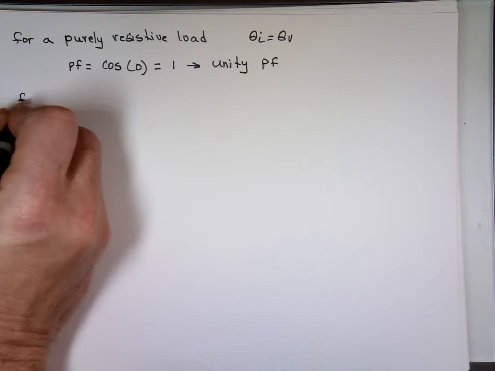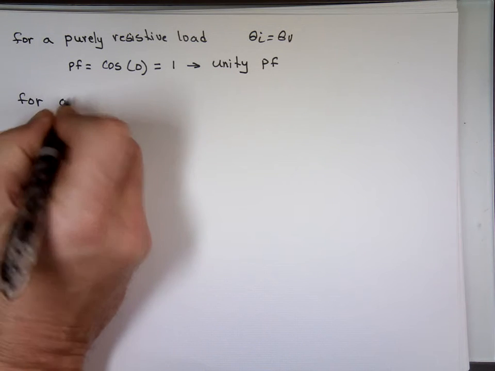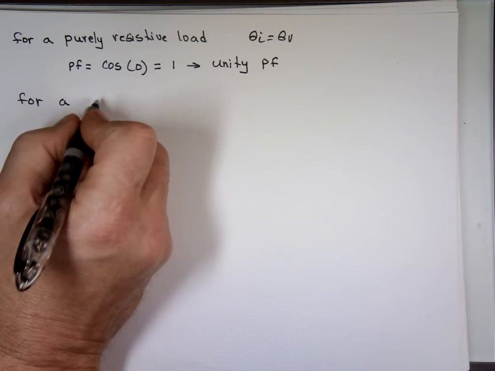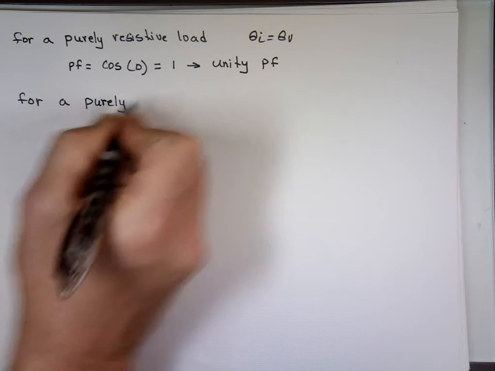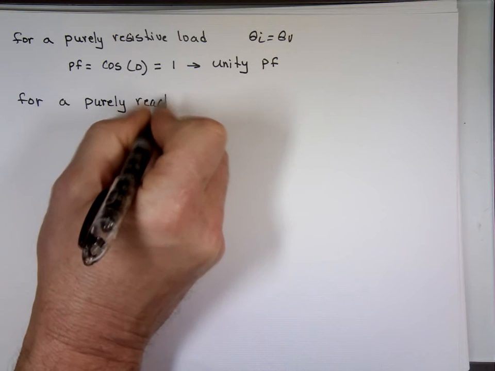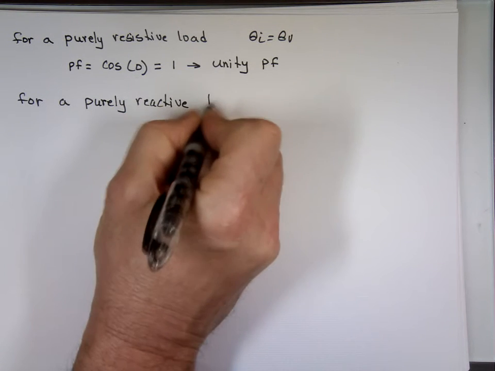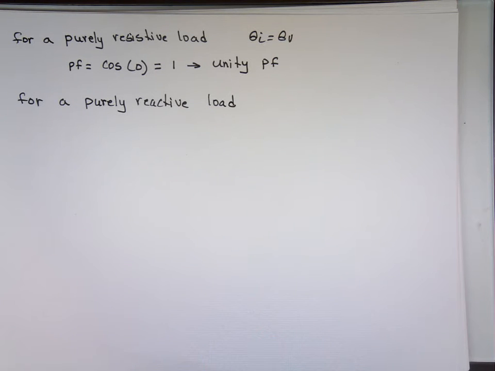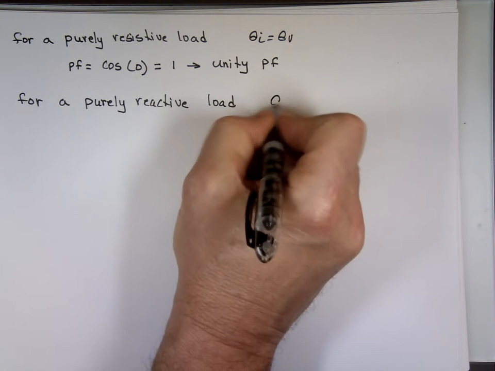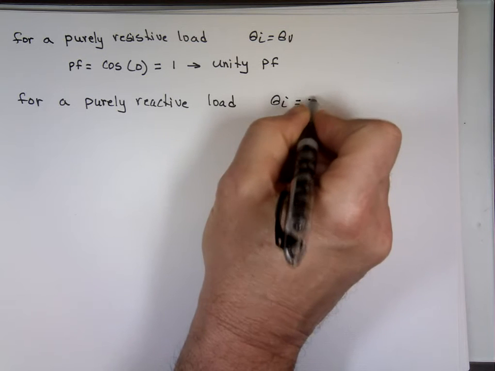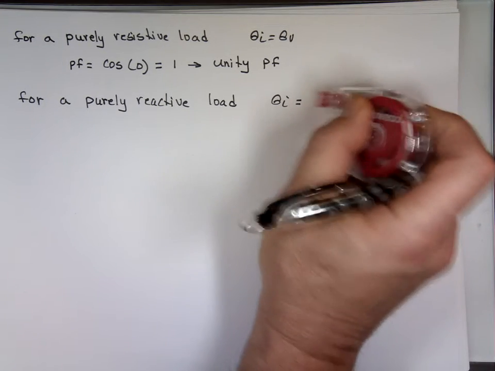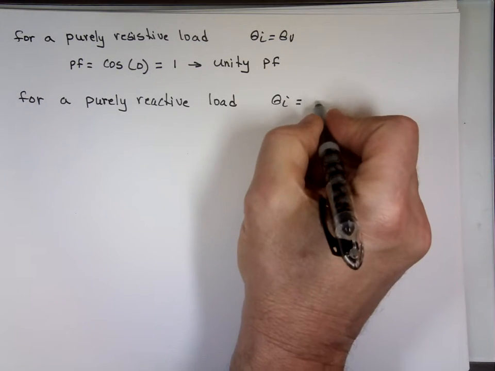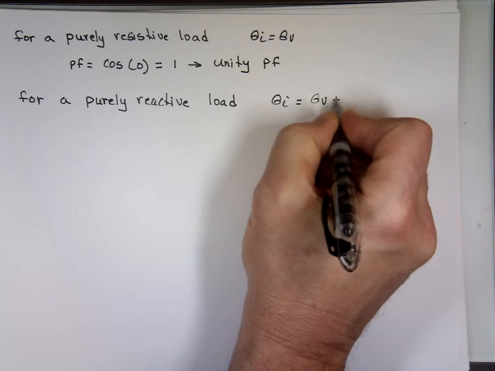For a purely reactive load, that means a capacitor or an inductor, theta I is always theta V plus or minus 90 degrees.